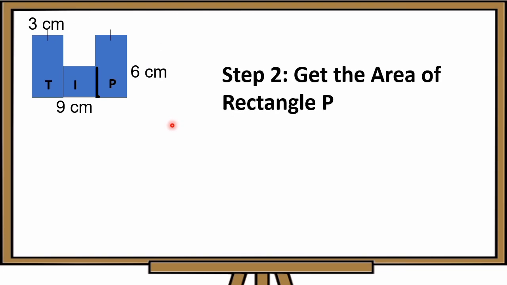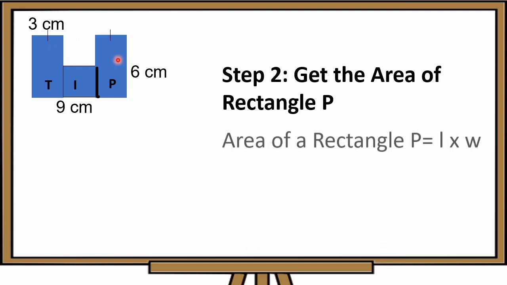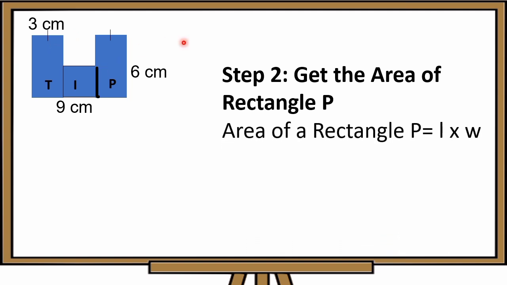Next is step 2. We will get the area of the second rectangle, which is rectangle P. Of course, dahil magkaparehas lang naman sila ng sukat, same din lang ang makukuha nating sagot sa area. So, area of rectangle P is equals to length times width.